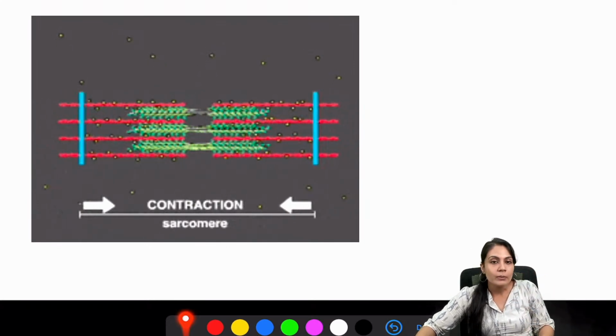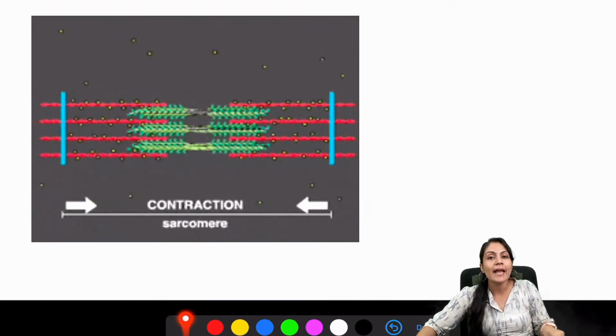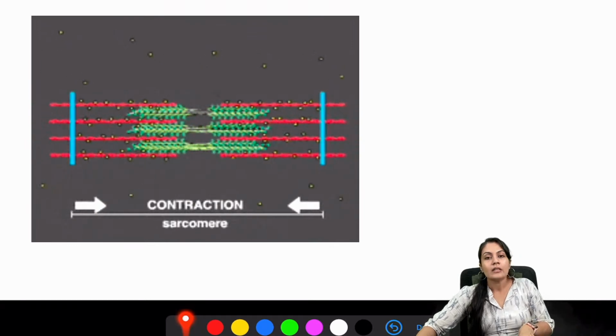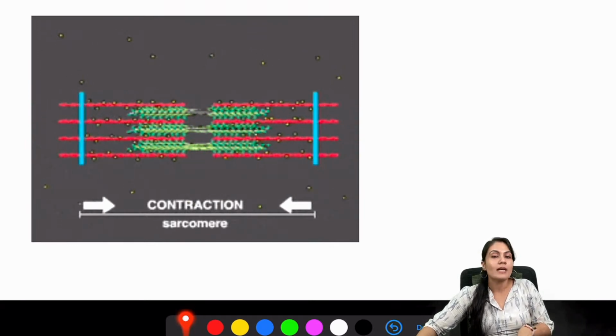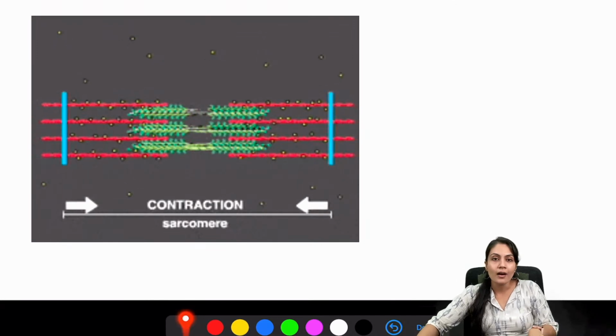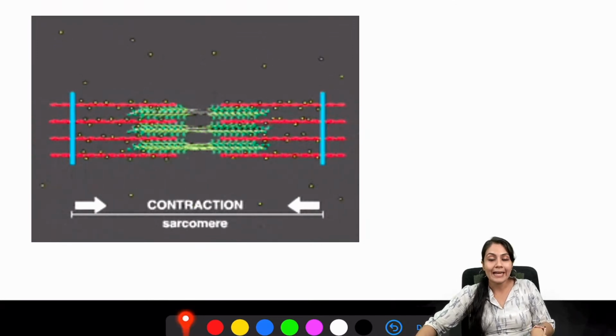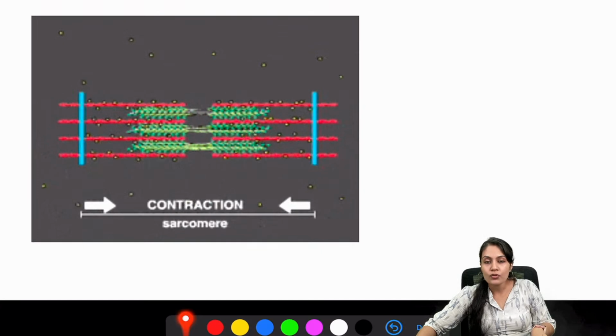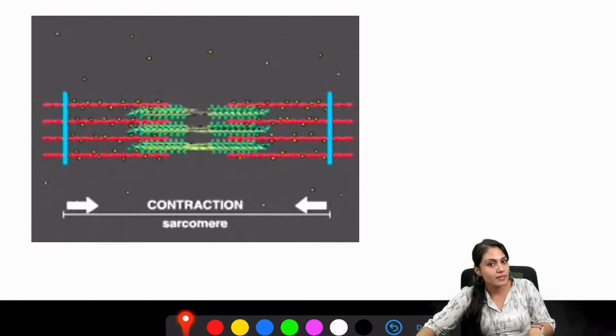The sliding filament theory was given by A.F. Huxley. There was a scientist known as Sir Andrew Fielding Huxley who gave this sliding filament theory. He saw first of all how the contraction of the skeletal muscle occurs.